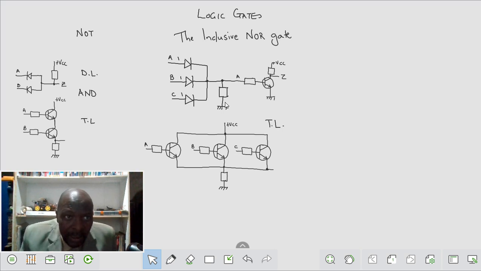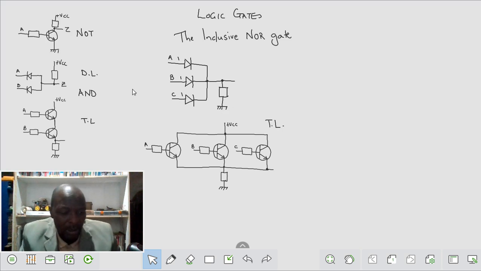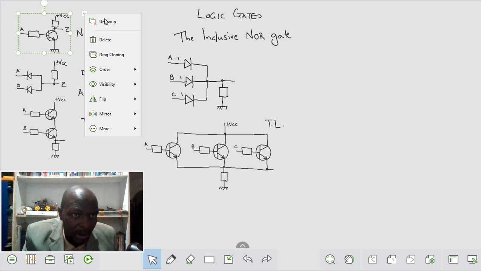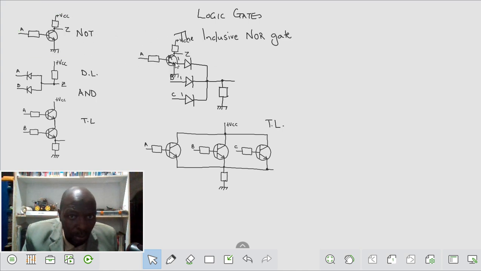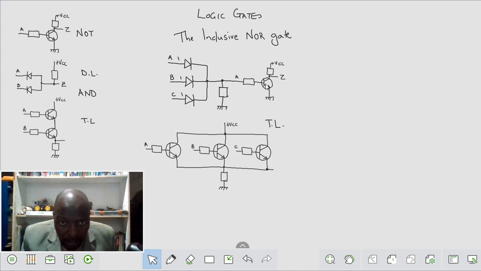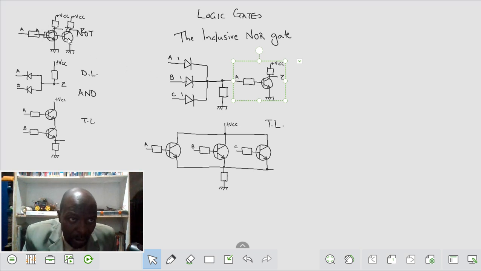We could do that, but I don't want to do it like that. What I'll do is pull it, and there we are. Or we could have done the same with this gate here.